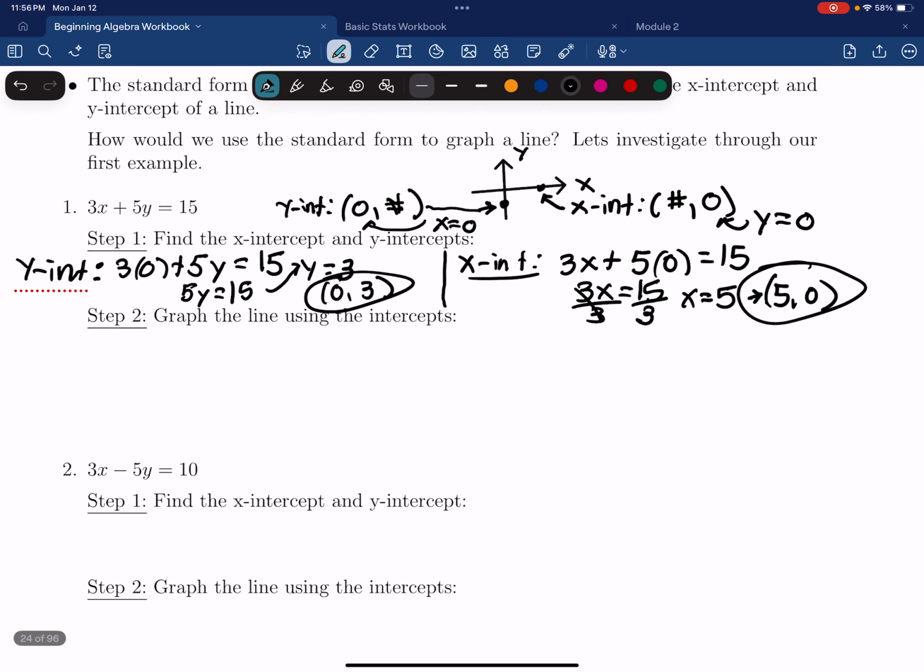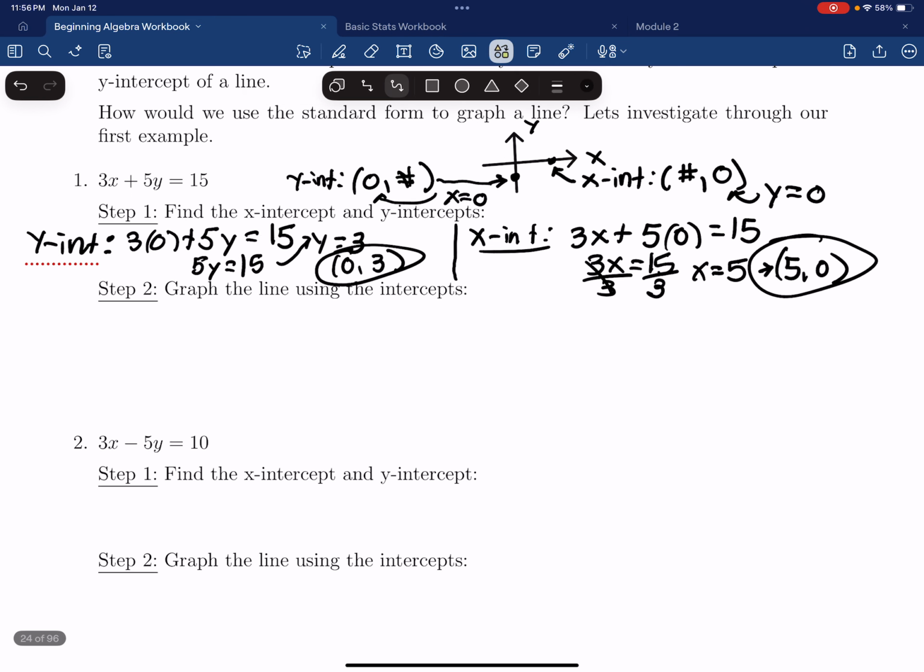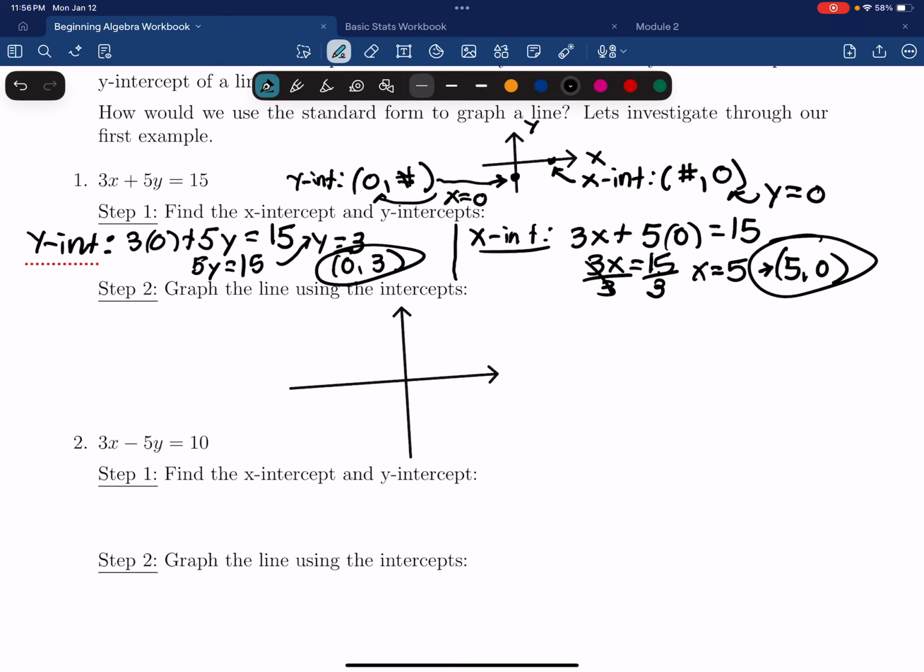And now, using these 2 points, we can graph the equation of this line. The y-axis and the x-axis. So the y-intercept is at the point (0, 3), so I'm only going to do 3 dashes on the y-axis.